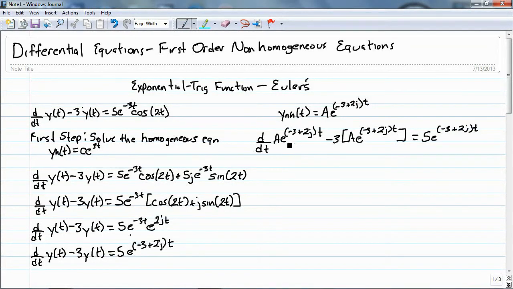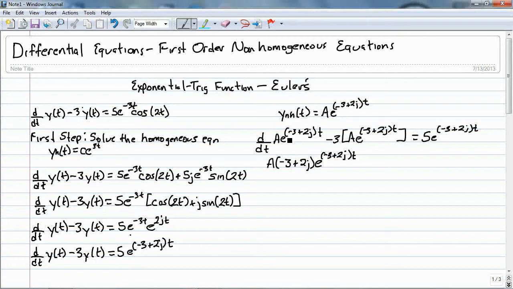Now to do the derivative, the A constant just comes out, and we're going to have the derivative of e to the quantity negative 3 plus 2j t, and using the chain rule and our derivative, we're going to have minus 3 plus 2j e to negative 3 plus 2j t.